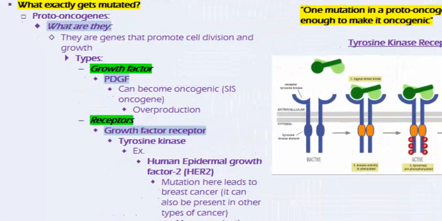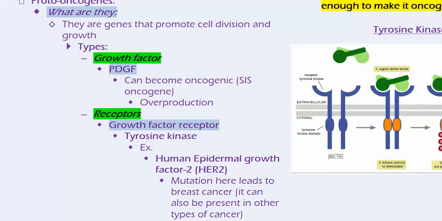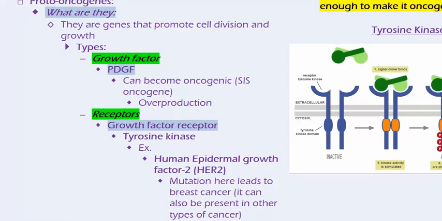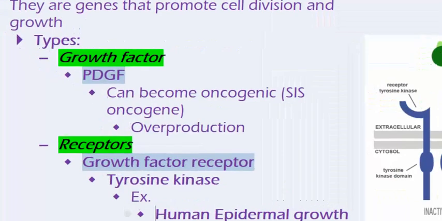Okay, so now we're going specifically into the proto-oncogenes, and we already established what a proto-oncogene is. For your growth factor, this is what was mentioned, and I'm taking this directly from the slides. I just try to organize it in a way that makes more sense. The growth factor specifically mentioned in lecture is platelet-derived growth factor.